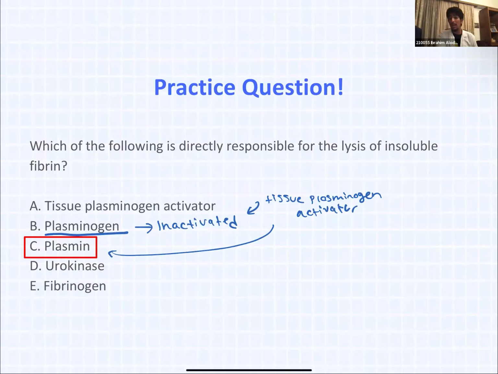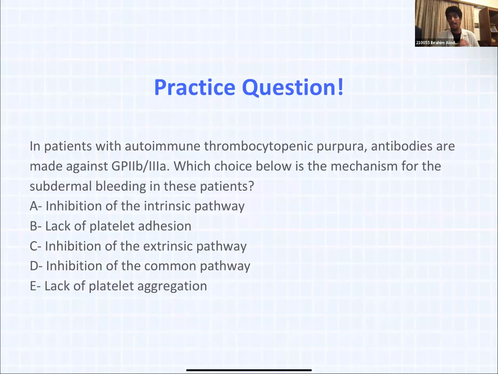When it becomes plasmin, that's the one that's breaking down the clot. Fibrinogen is the inactive form of fibrin. All right, so fibrinogen becomes fibrin. Fibrin is what the clot is. So if fibrin is what the clot is, that means it's not the one directly responsible for the lysis of the clot. So do we all understand why the answer to this question is C? Okay, cool. Moving on to the next question.